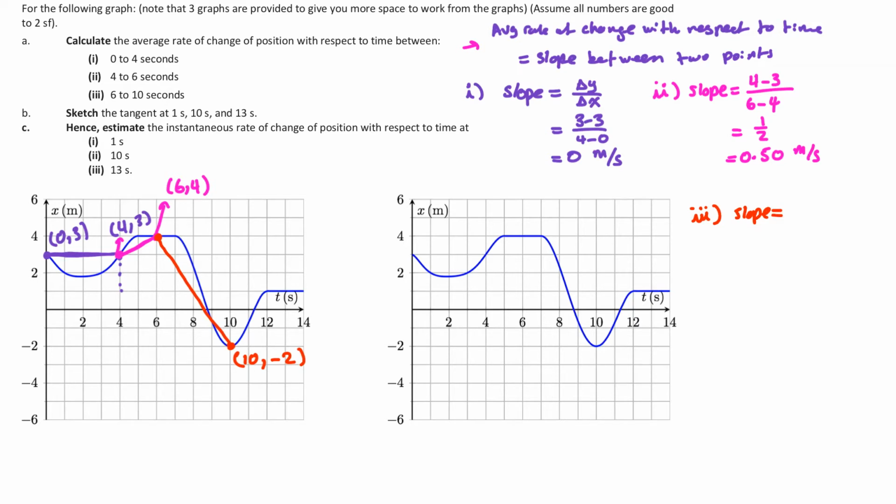And now my slope is going to be change in y over change in x. So my change in y is -2 minus 4, and my change in x is 10 minus 6. And when I do that, I get -6 divided by 4, which is equal to -1.5 to two significant figures, meters per second.